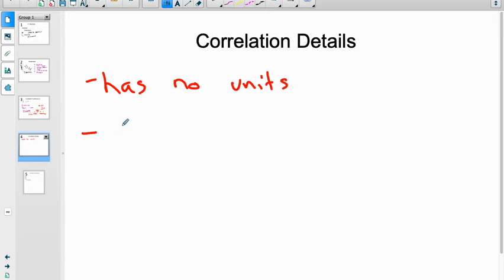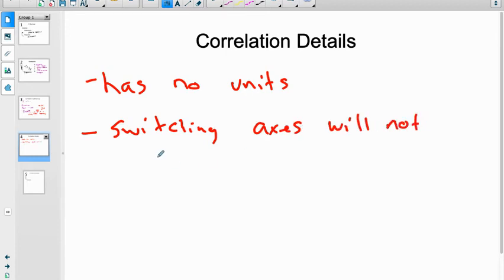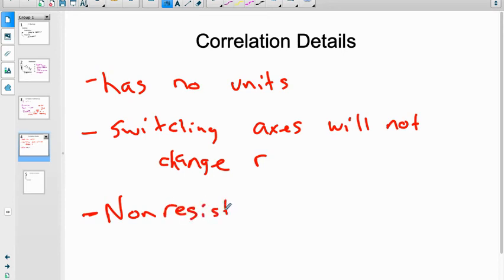Switching your axes, so switching your explanatory and response variables, will not change R. Correlation is non-resistant, meaning an outlier is going to affect it.